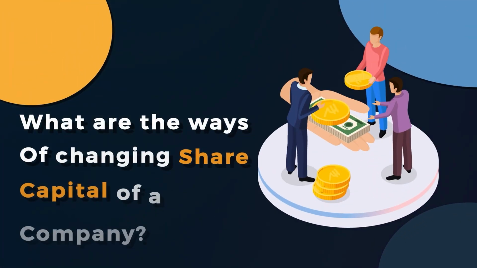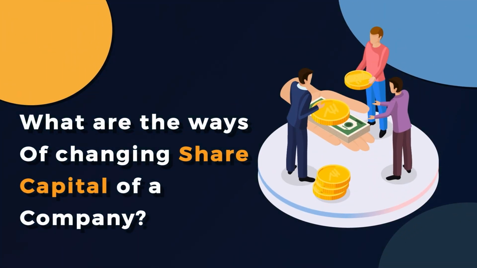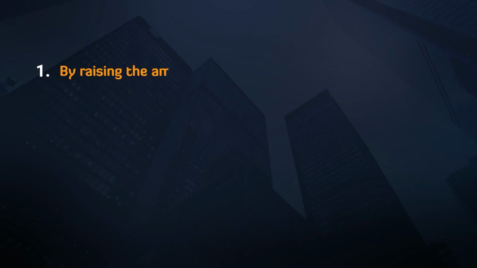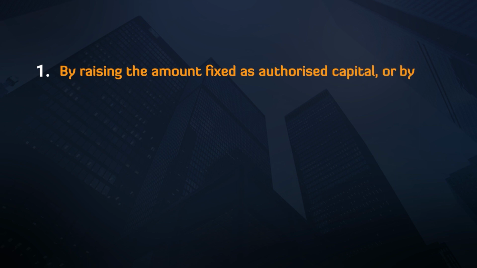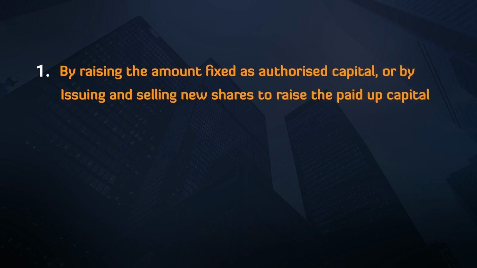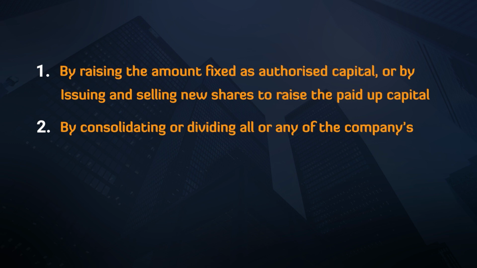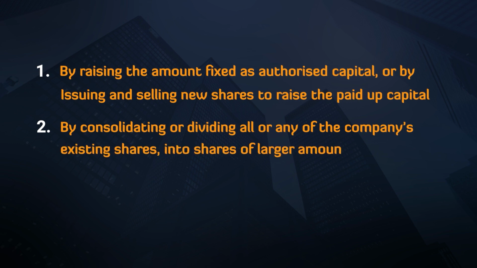So what are the ways of changing share capital of a company? Section 61 of the Companies Act lays down provisions for changing the share capital of a company in the following ways. Number 1. By raising the amount fixed as authorized capital or by issuing and selling new shares to raise the paid-up capital. Number 2. By consolidating or dividing all or any of the company's existing shares into shares of larger amount. 3.